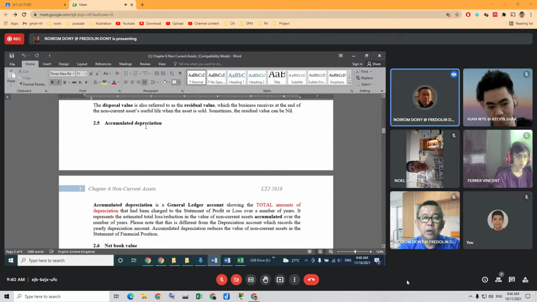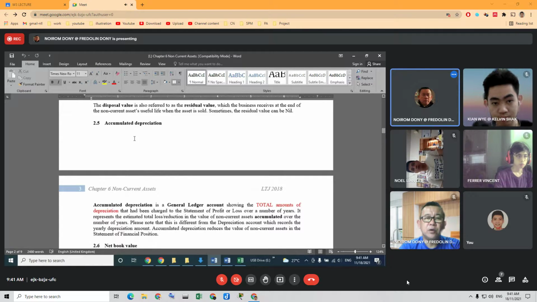So, okay, the first thing: accumulated depreciation represents the amount of depreciation that is allocated and charged as an expense in the statement of profit or loss. And it represents the estimated loss in value, the reduction in value of the non-current asset, which is accumulated over the number of years.